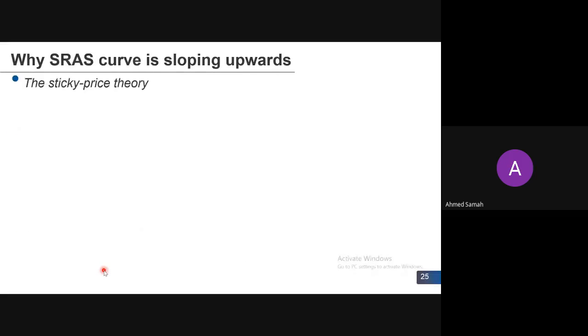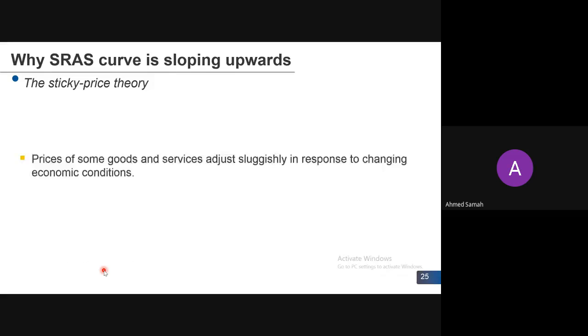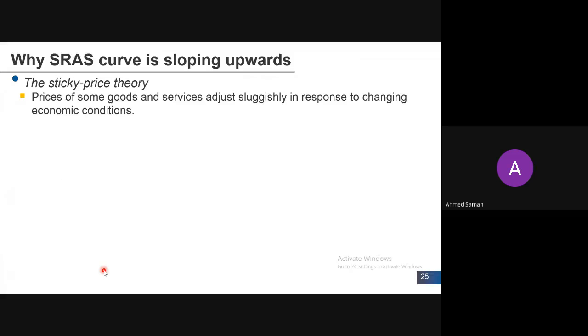Then the third one is the sticky price theory. It says that the prices of some goods and services adjust sluggishly in response to changes in economic conditions. What it means is, even though economic conditions change drastically, the prices of some goods and services do not adjust that soon.